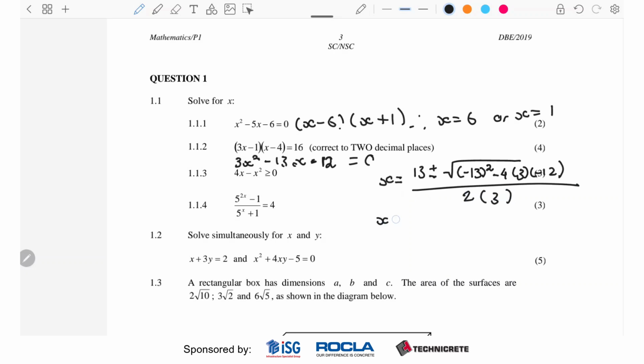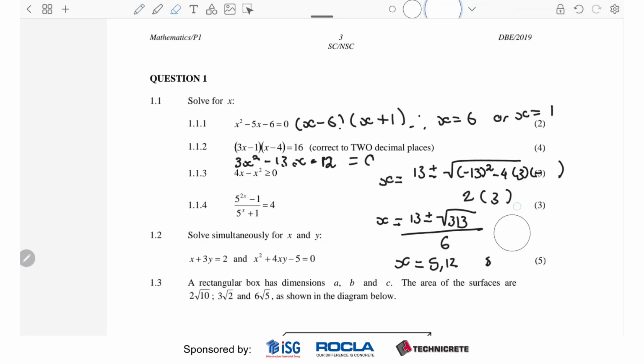That will ultimately give us, once we put that in the calculator, 13 plus minus square root of 313 over 6. Once you make that into decimals, x can either be 5.12 or x can be negative 0.78. So that's that question.